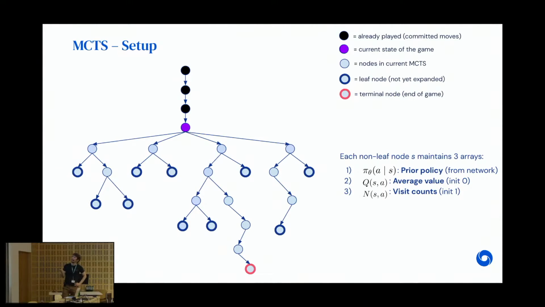Then for each state, we will also store the Q value, which will be the average value, the average prediction of the value from all the descendants of that node. Initially, it will be initialized to 0, but over time, we will keep updating it so that the value in every node is the average of the value predictions from all the descendants of that node.